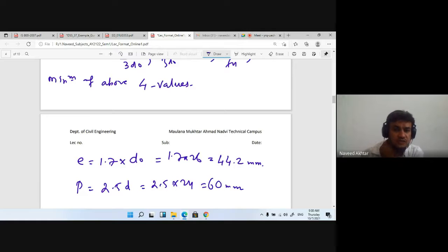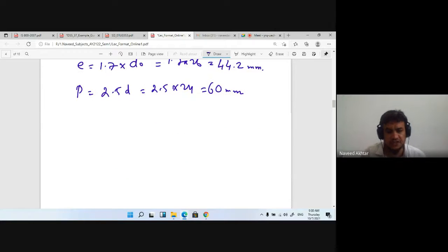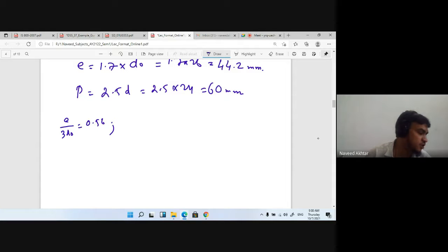So now putting the values, you can find P upon 3D0. P upon 3D0 is equal to 0.56. P upon 3D0 minus 0.25 is 0.52, the third value is 0.17 and the fourth value is 1.